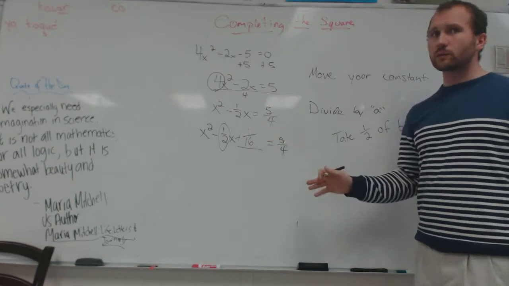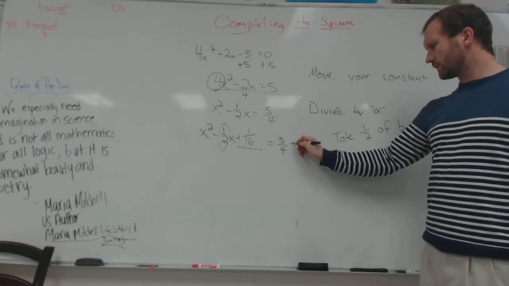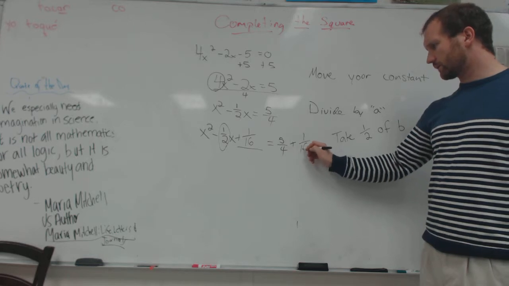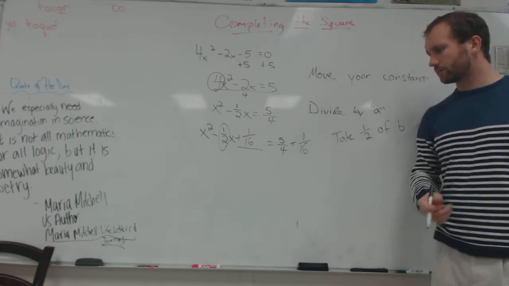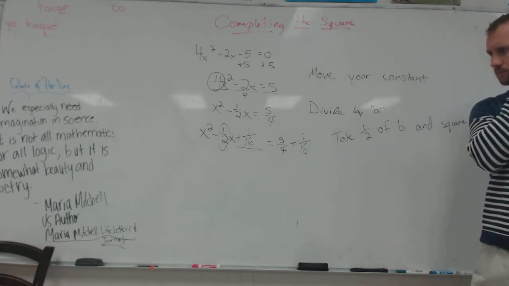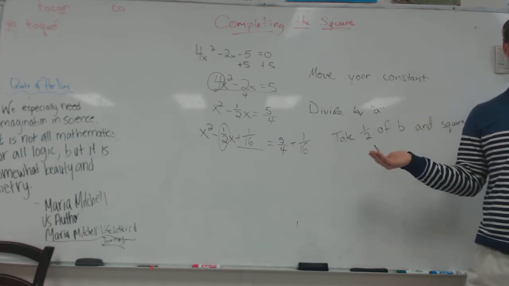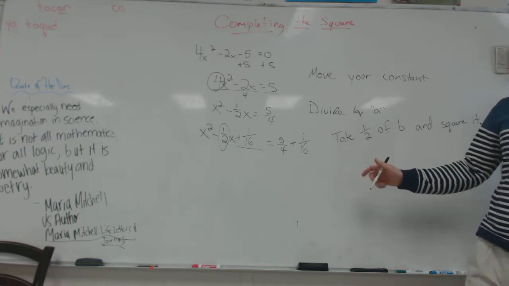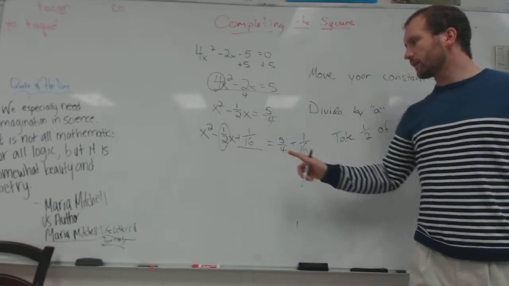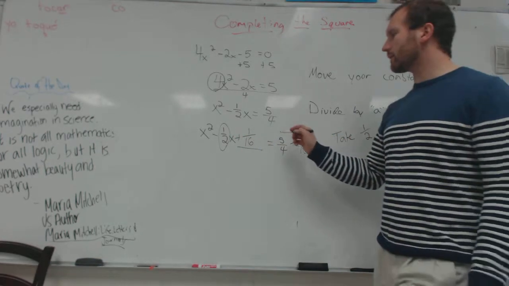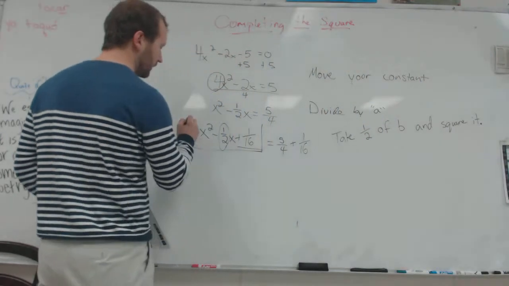Now, I can't just add 1/16 to that. I also need to add it to this side of my equation over here. Okay, this is kind of a self-checking step. What this should do, when you take 1/2 of b and square it, is it should make this whole side a perfect square.